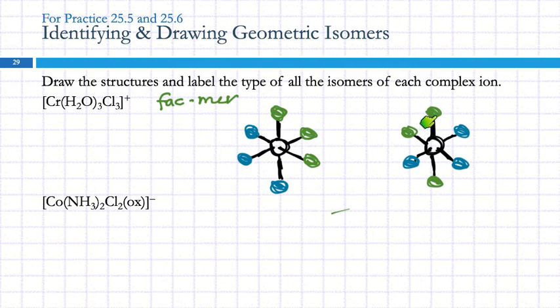So here, this is at the top and the bottom and the side, so it's going along the meridian, right? In the vertical direction, and this is going along a meridian in the horizontal direction. So this is the mer isomer, and this is the fac isomer.